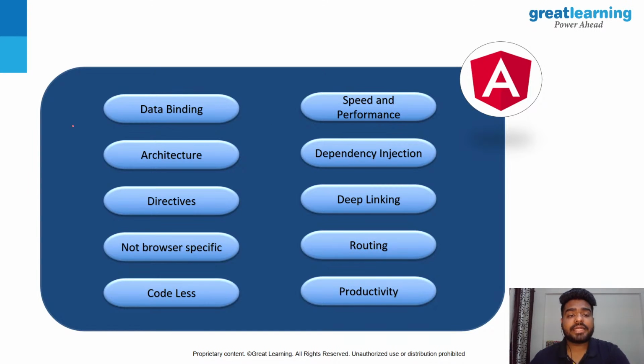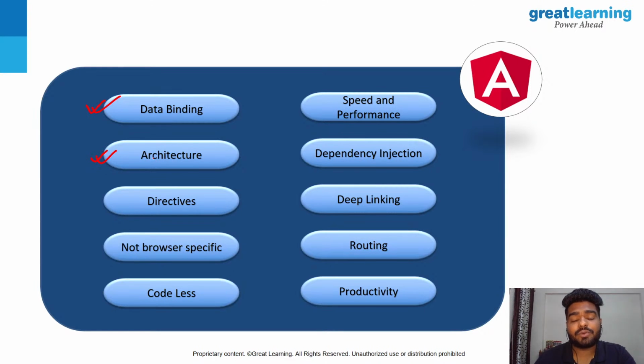Okay. Data binding. What is this? From one web page to another web page, when you want to bind data, that means I want to show data from one web page to another, I will use data binding. This is the most important property of the Angular framework. When I create a first application today in this session, I'll be showing you where data binding is. So remember this word. Architecture. Remember MVC in the agenda, I told you model view controller.